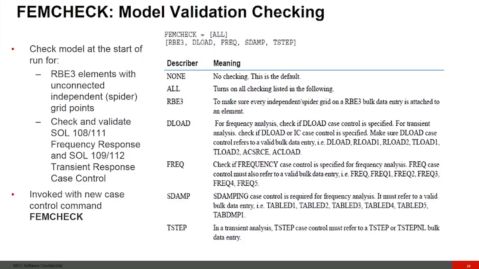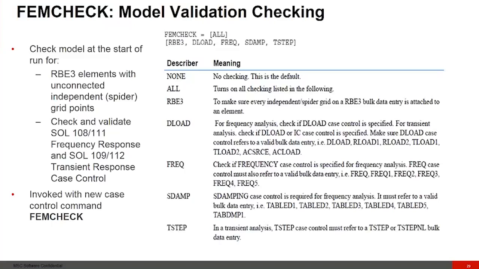Next, we'll talk about a new FEM model checking feature. We've added a FEMCHECK command in MSC Nastran 2018.0. This allows you to apply many options to FEMCHECK, for example RBE3, DLOAD, FREQUENCY, SDAMP, or TSTEP, or you can do ALL. This FEMCHECK command checks models at the start of the run.